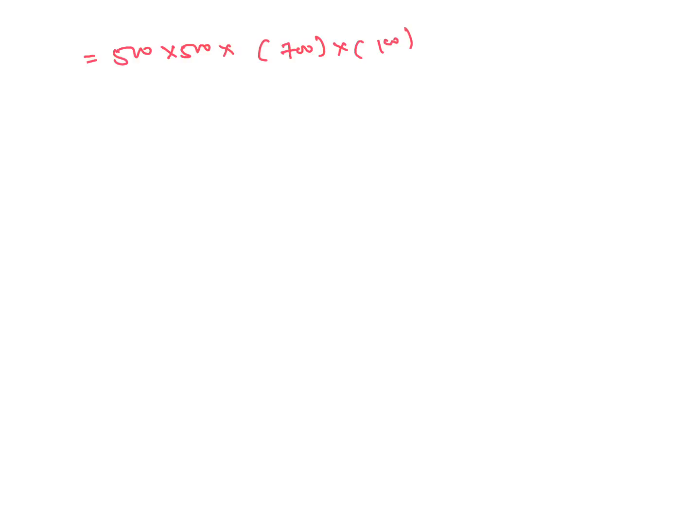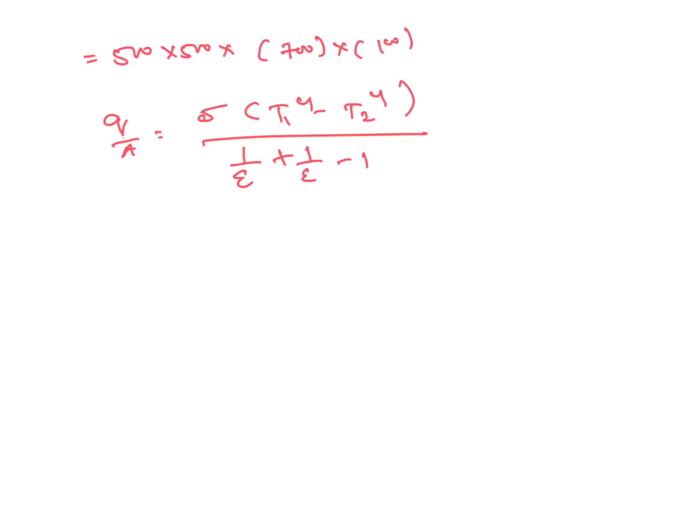So finally Q by A is sigma (T1 to the power 4 minus T2 to the power 4) divided by 1 by epsilon plus 1 by epsilon minus 1, both are same.